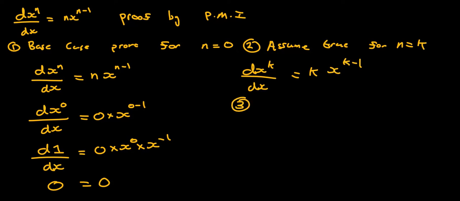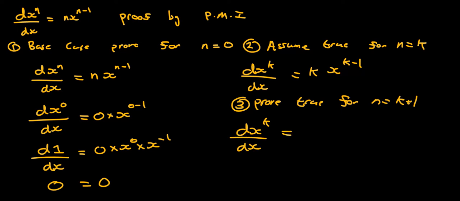The third thing, prove true for n is equal to k plus 1. Let's do that then. d x to the k plus 1 over dx is equal to k plus 1 x to the k.